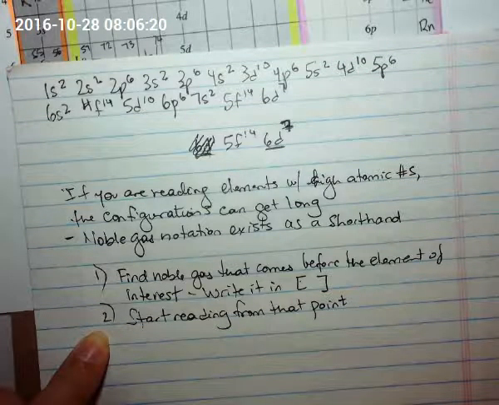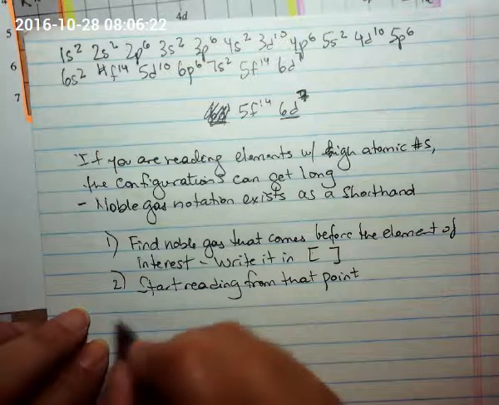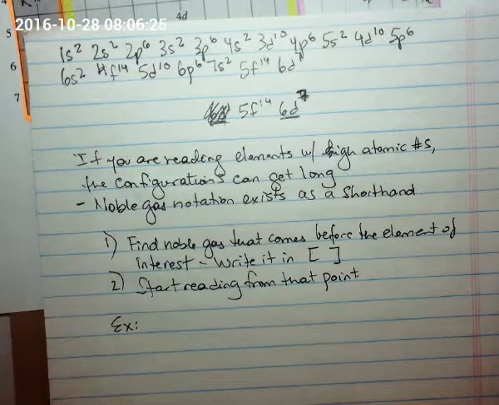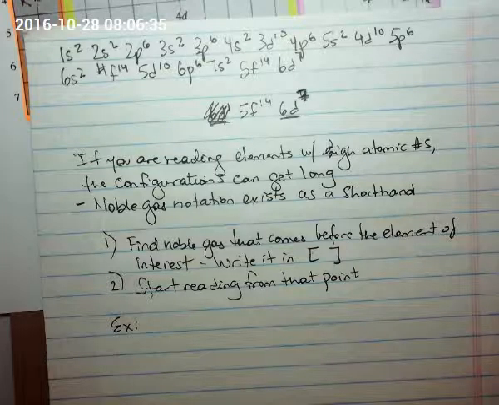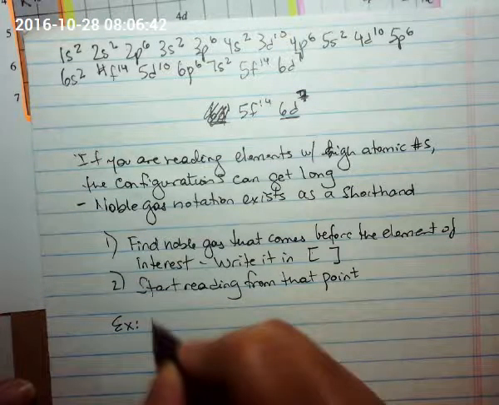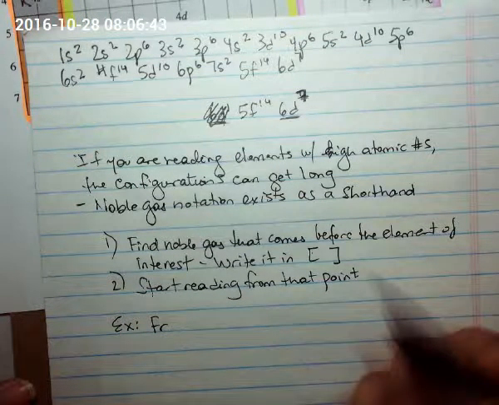Okay, so we're going to do an example. Maybe not tungsten, because tungsten's long and ugly, because you have to do that shift from the S to the F to the D. Francium, I love francium. It's my favorite element. Yeah, we can do francium. Francium is element number 87.